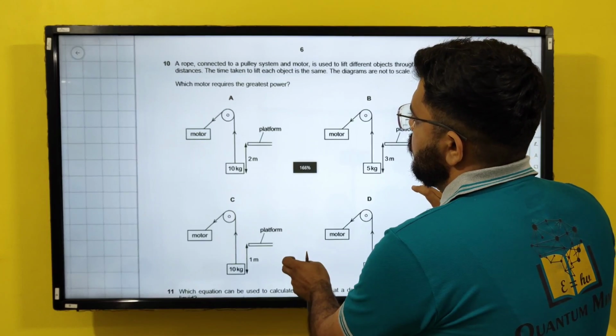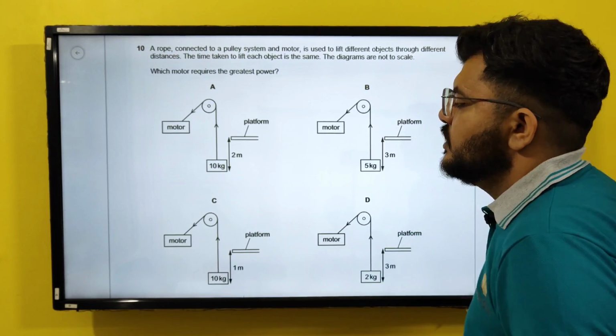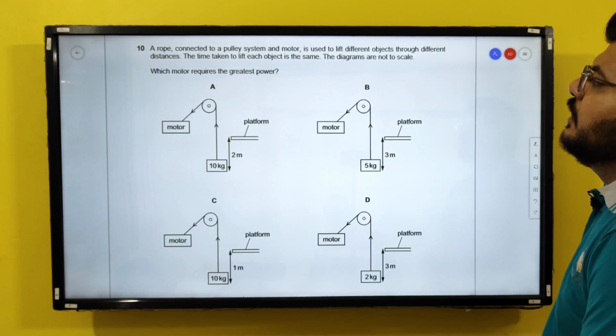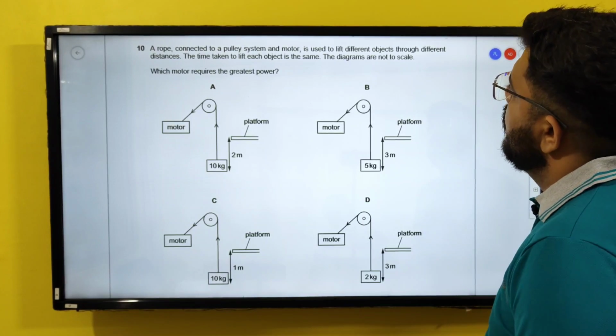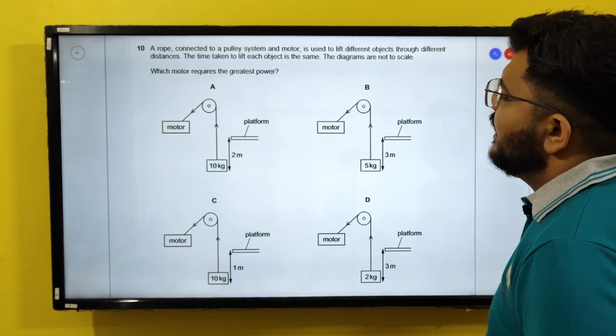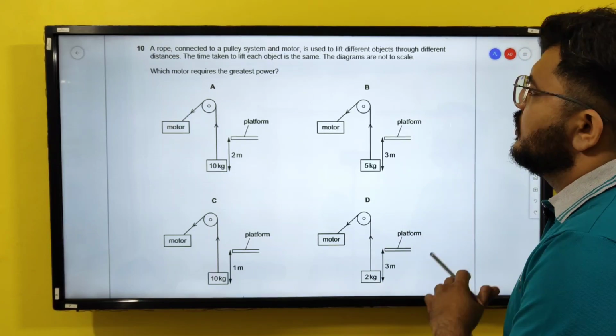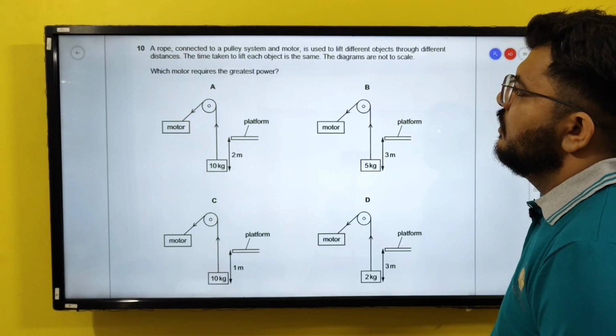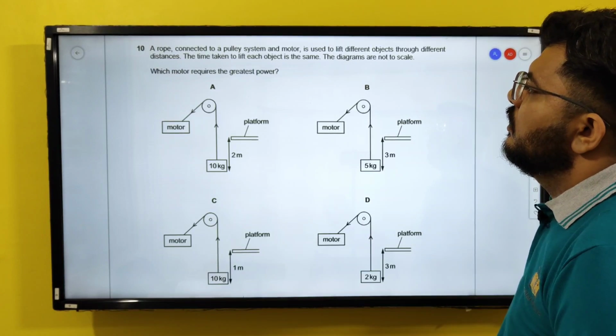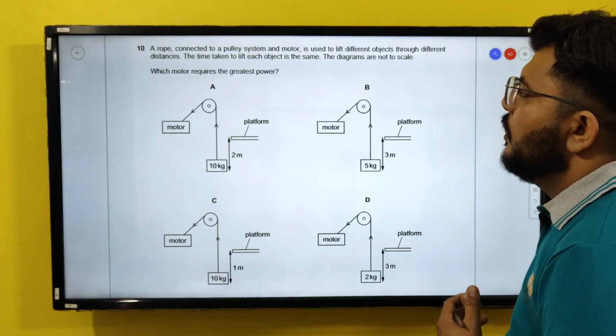Okay, this is also a diagram question. A rope connected to a pulley system and a motor is used to lift different objects through different distances. The time taken to lift each object is the same. The diagrams are not to scale. Which motor requires greatest power?